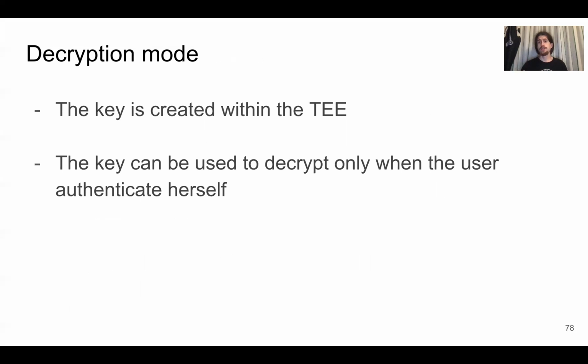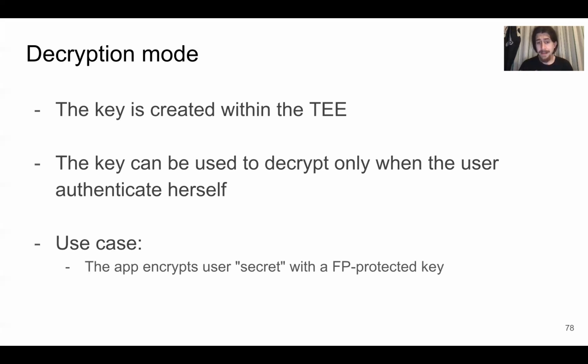But there is an API to actually say, can you please decrypt this secret blob that was encrypted? So the use case could be that the app encrypts a user's secret with a fingerprint-protected key. Maybe this secret is some kind of encrypted password. Basically, the decryption key lives in the key store, in the hardware.